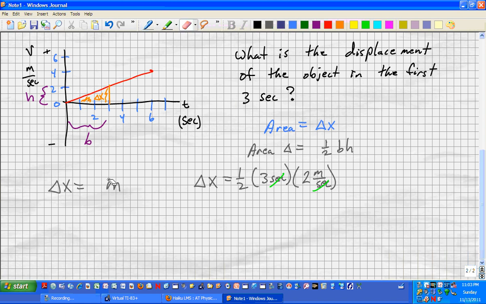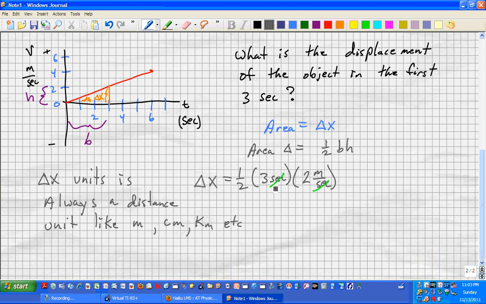Now let me rewrite this. Change in position units is always a distance unit, like meters, centimeters, kilometers, etc. Anyway, I do the math here and I wind up with 3 meters. 1/2 times 3 times 2.